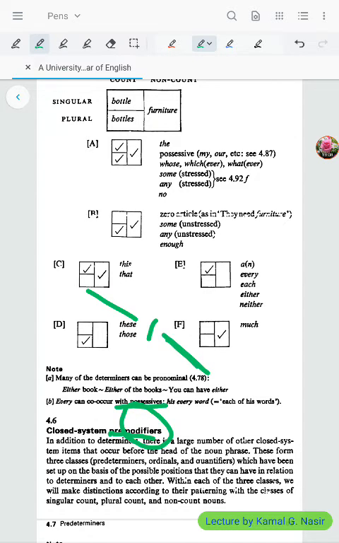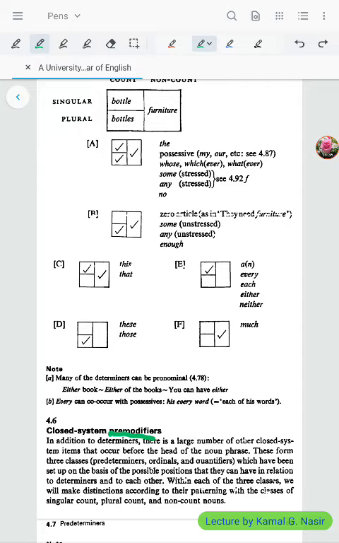They are modifiers which come after the noun. This is the noun. Here pre-modifiers, and here post-modifiers. Now, why do we call them closed? We call them closed because we cannot expand them. They are limited and they are specific.